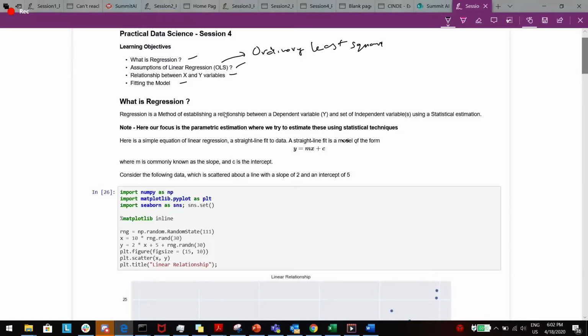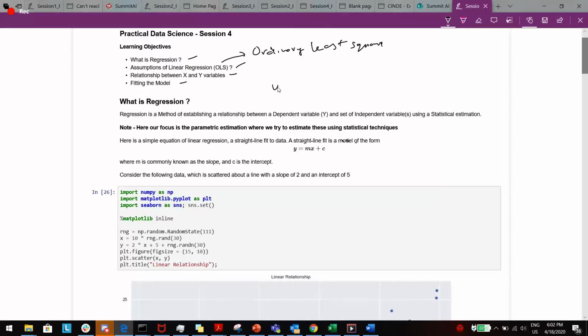Now if we just think about what is regression, irrespective of why we are doing it and what we are trying to achieve as a result of that particular exercise, we are trying to basically establish a relationship between our independent variables and dependent variables.